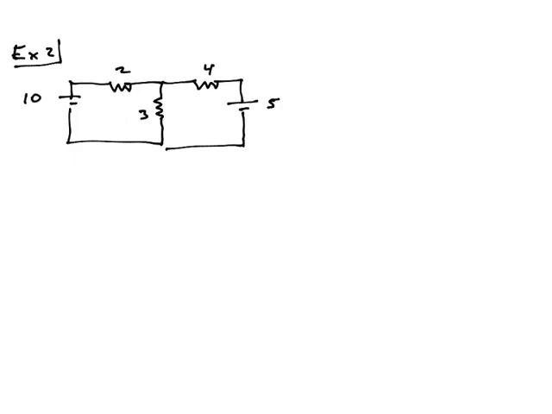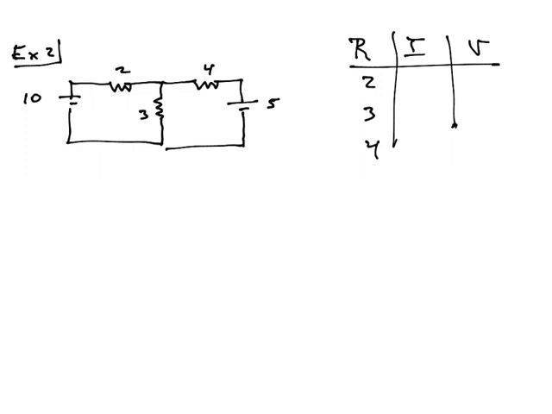So what do I want to solve? I want to solve this table, R, I, V. I want to know for each resistor the current on the resistor and the voltage dropped by the resistor, just like before.